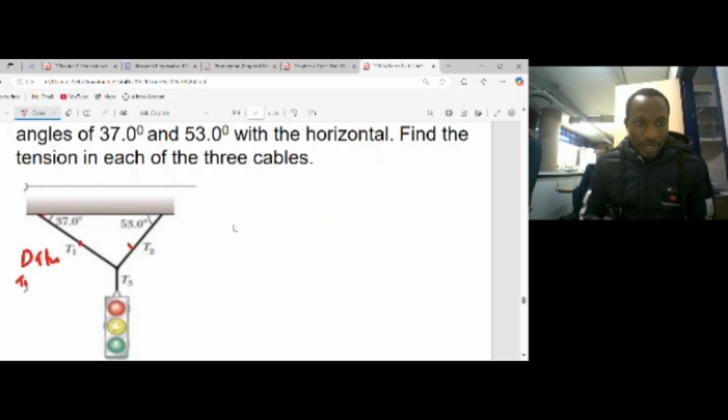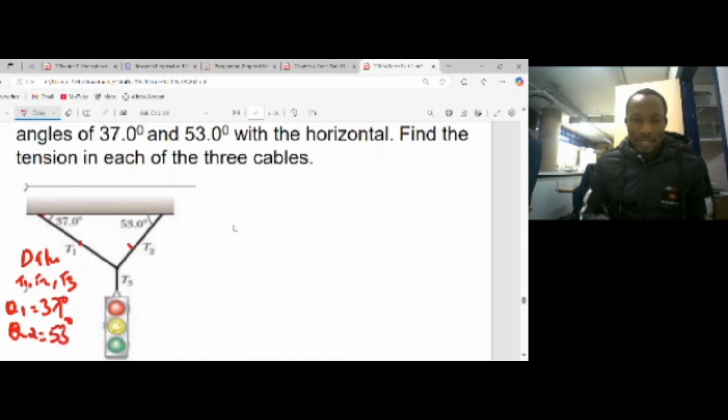So we have T1, T2, and T3. And then we have theta. Theta 1 is equal to 37 degrees, and theta 2 is going to be 53 degrees.